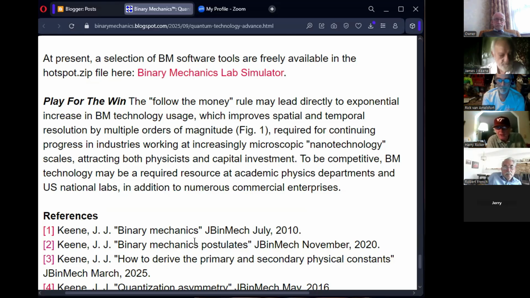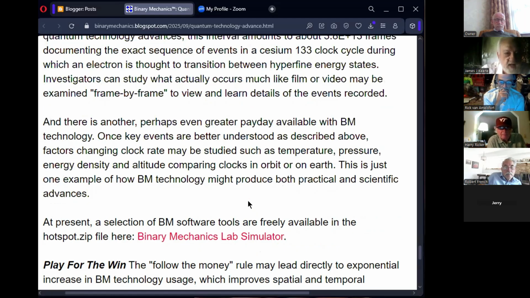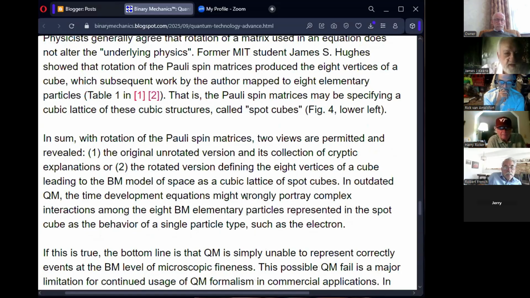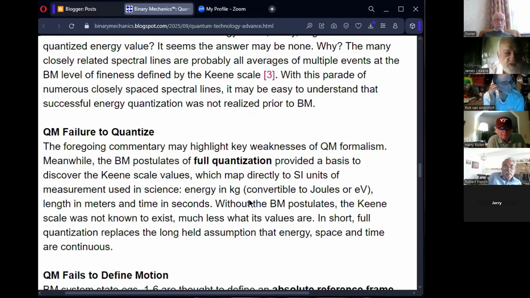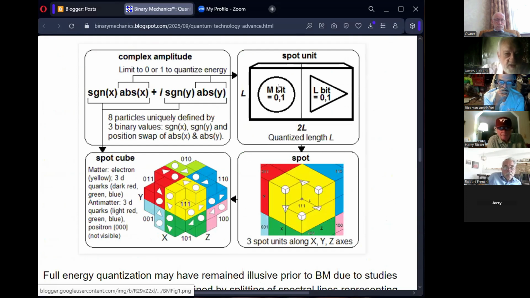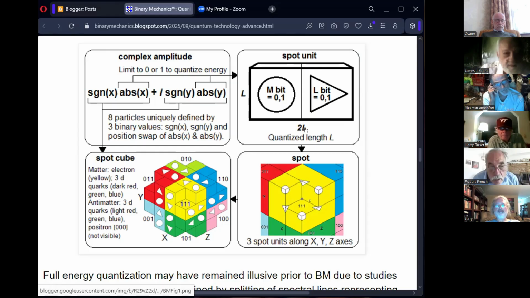What do the M and the L refer to in your picture? Good question. The M and the L refer to mites and lights. Those are just two sort of crazy names I gave to these two types of one states, the mite bit and the light bit. Unfortunately this was actually prior to discovering the Keene scale, where we've got M, L, and T as constants, but these are in italics in all of my papers so that it's a consistent distinction.